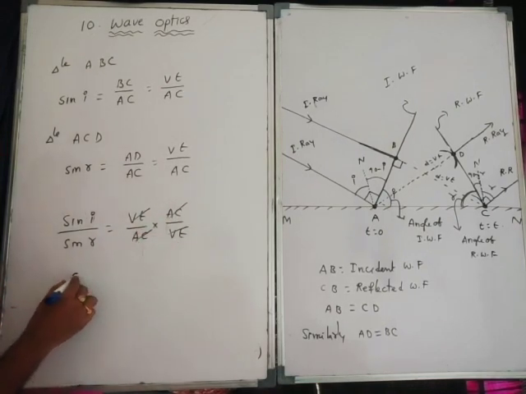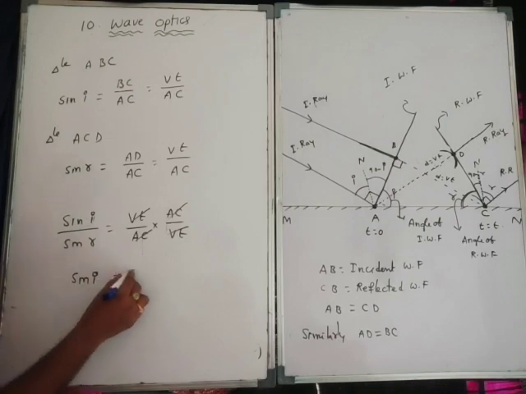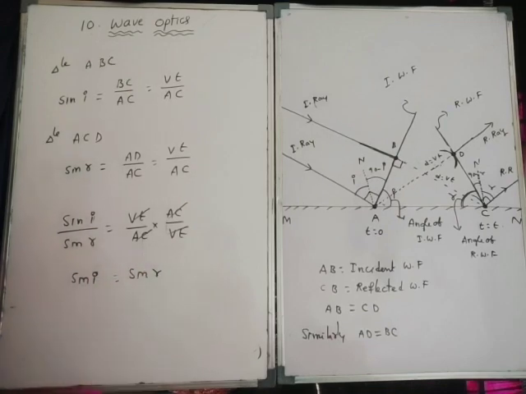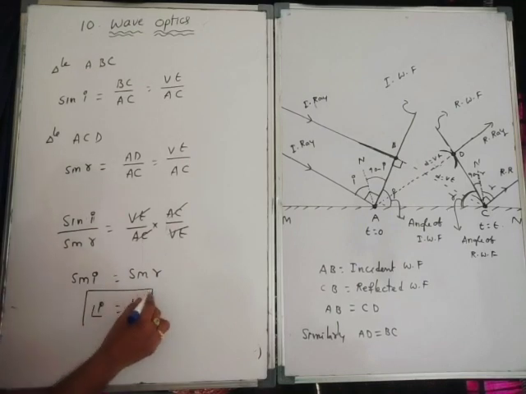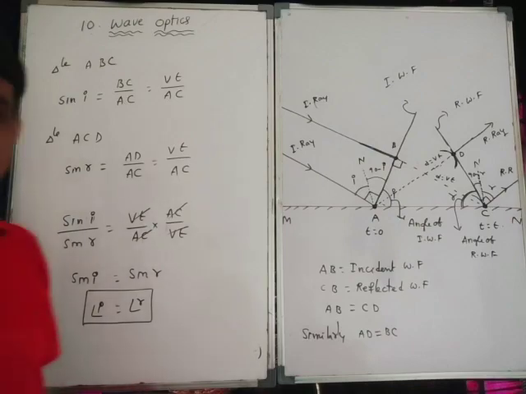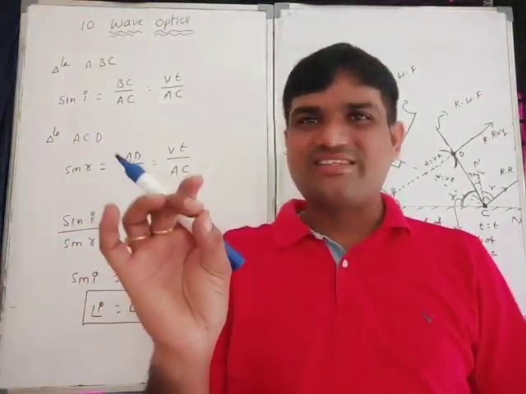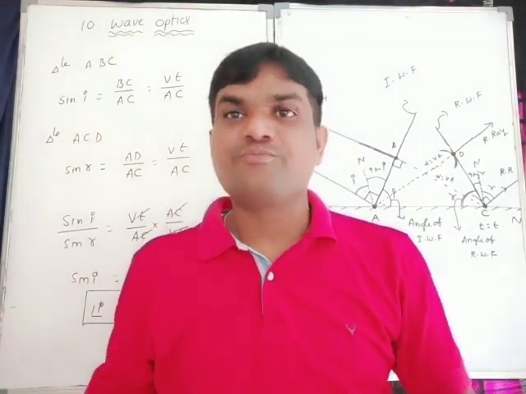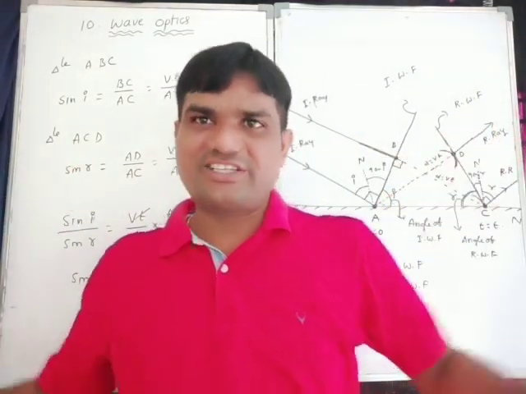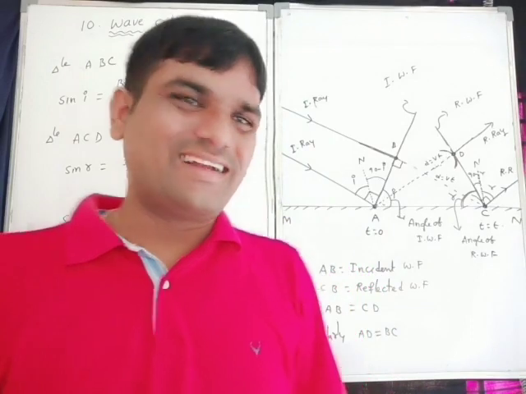Therefore, sin I is equal to sin R. Or else, the angle of incidence is equal to the angle of reflection. Correct or not? The angle of incidence is equal to the angle of reflection, which is nothing but the law of reflection. First law over. Correct? That is the first law.